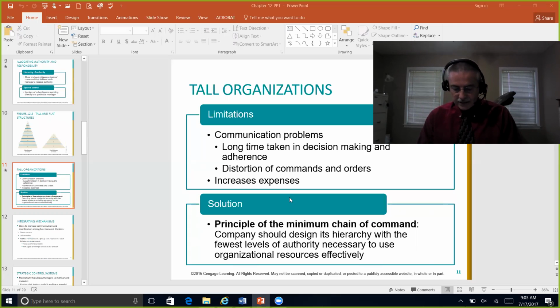Another communication problem could result from the distortion of the commands and orders transmitted up and down the hierarchy, which causes some managers at different levels to interpret the communications differently. And the one thing you have to have in the chain of command is clear, concise communications to ensure that everyone is doing the very same thing, again, that's going to support value for the organization and the customers.